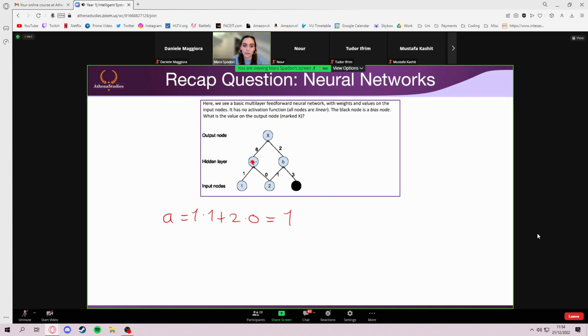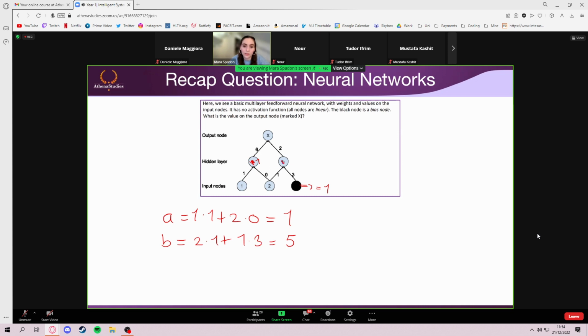So this is then 1. As you said, we have to do the same for B. So what happens for B? 2 times 1, 3 times 1, perfect. Because the bias node is 1, remember. So that is indeed this value here, and that is 5. Oh yeah, 1 times 3, I guess. Yeah.